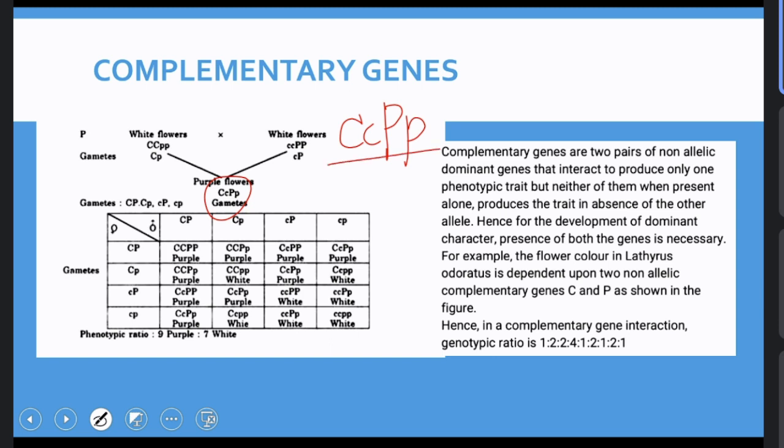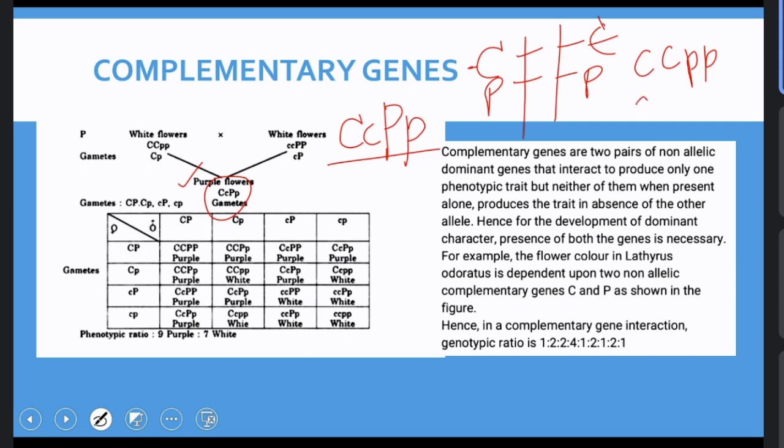Based on this, the scientists say that here there are two pairs of genes, C, c and P, p, both of which are necessary for the formation of the purple color. If any of these two is recessive, that means in the first case, capital C, small p, it became white.